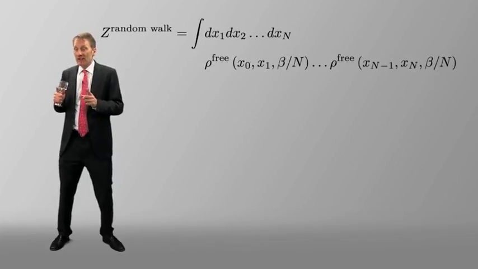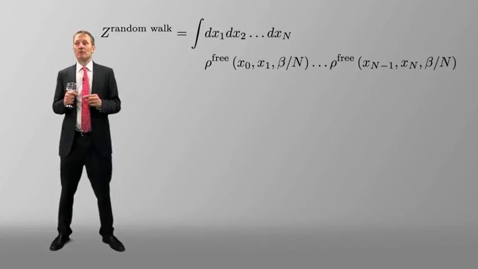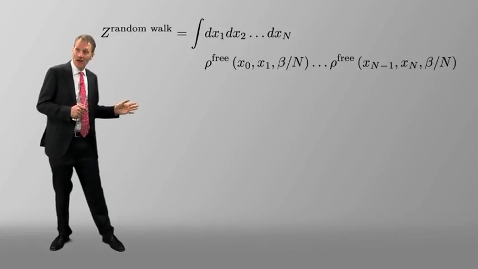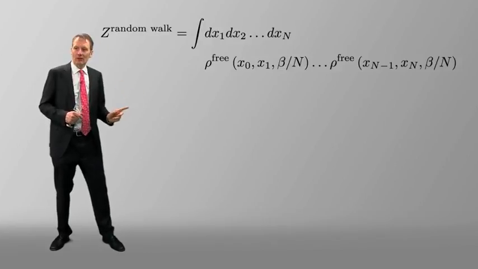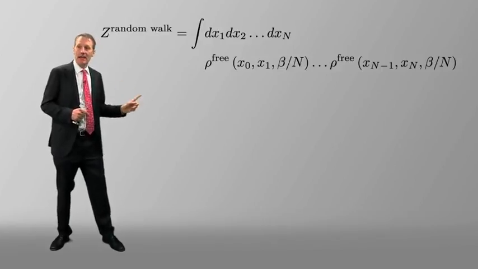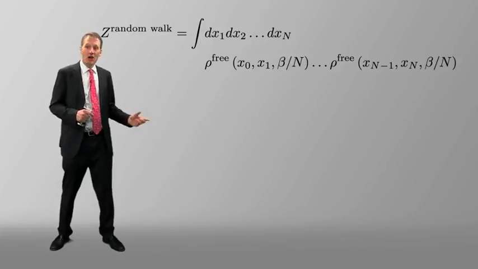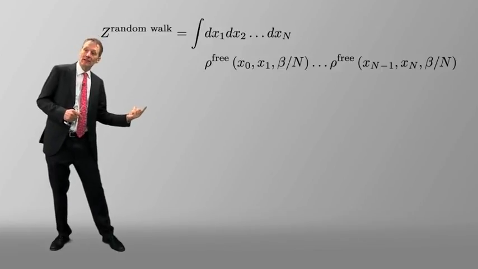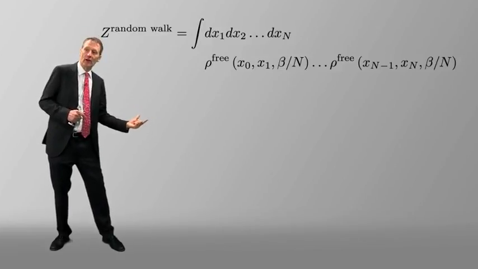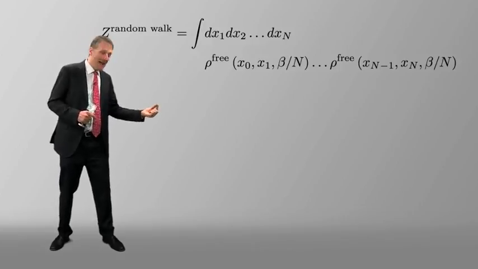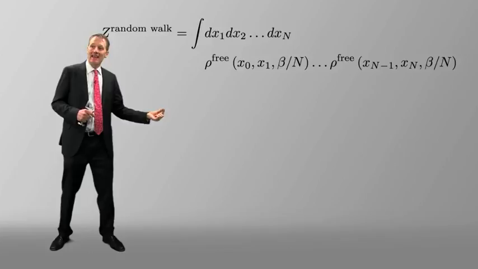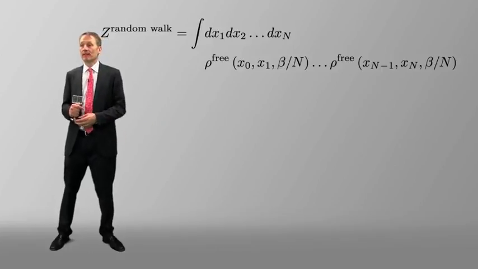The partition function of this problem would be written as Z of the random walk is equal to the integral over x1, x2 until xn of the density matrices rho free of x0, x1, beta over n, until xn minus 1, xn, beta over n.